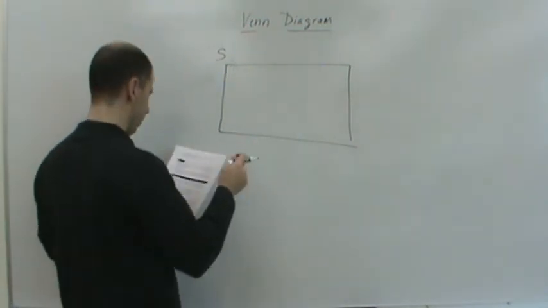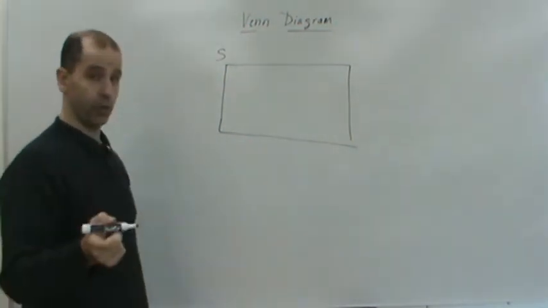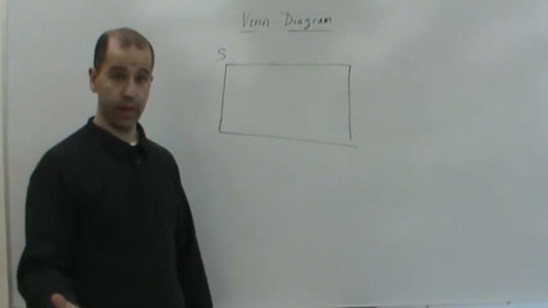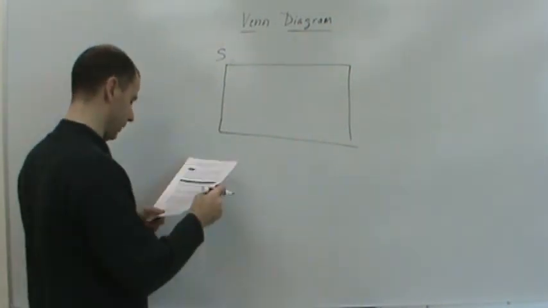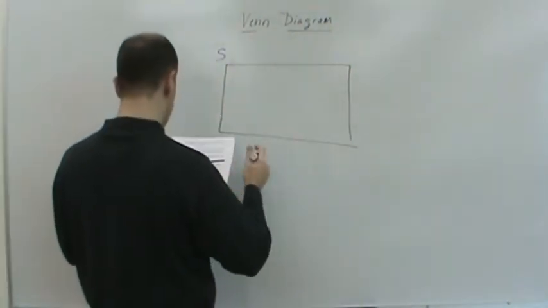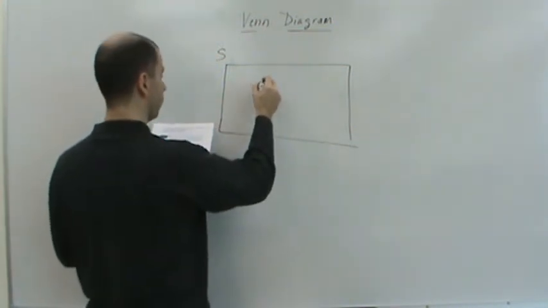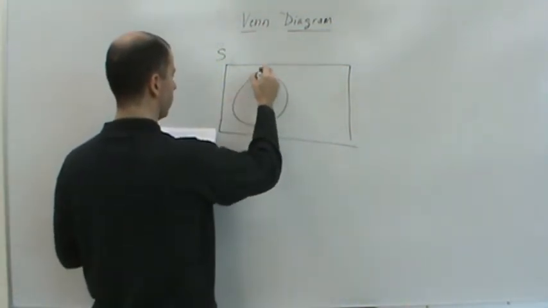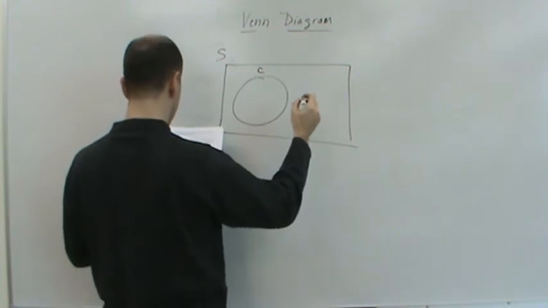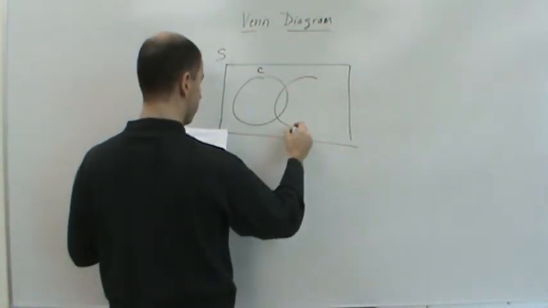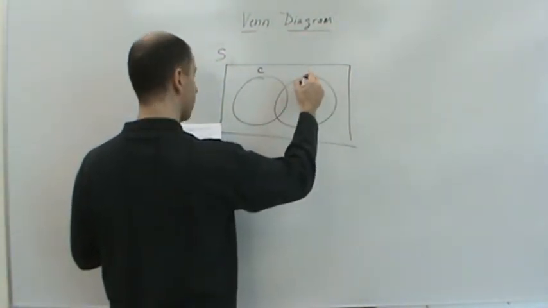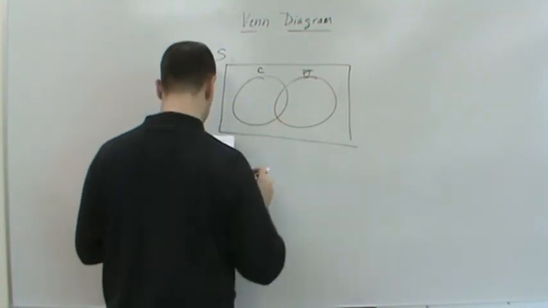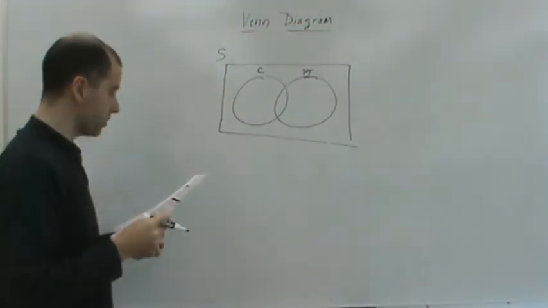Okay? And then we represent certain events that we define by circles. So let's set up this here. So this would be one circle, and we're going to call that C. We're going to set up another circle, and we're going to call this PT. Okay? So here's the setup.